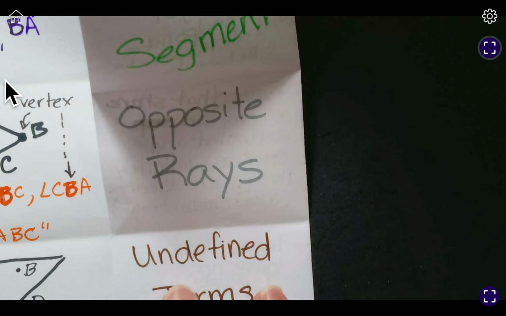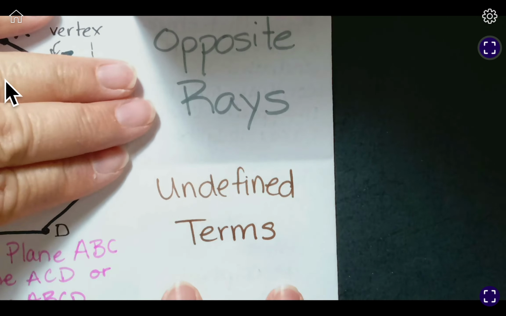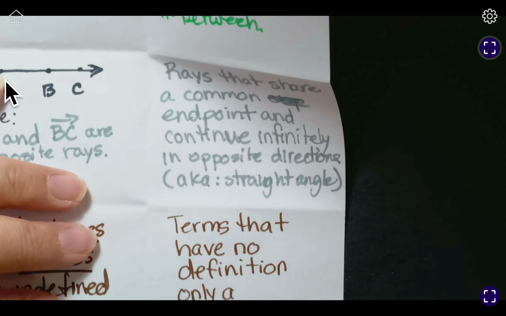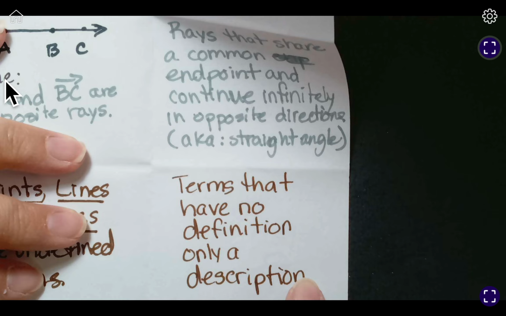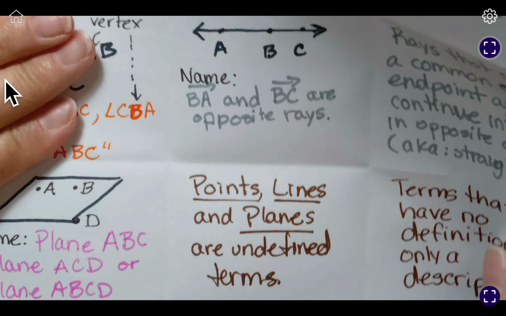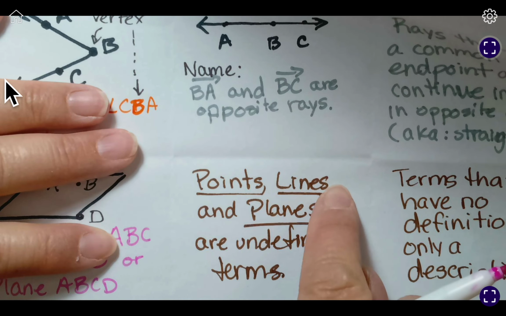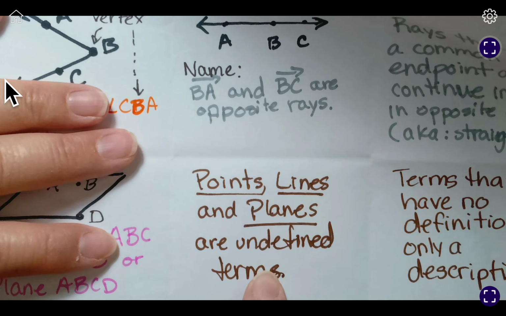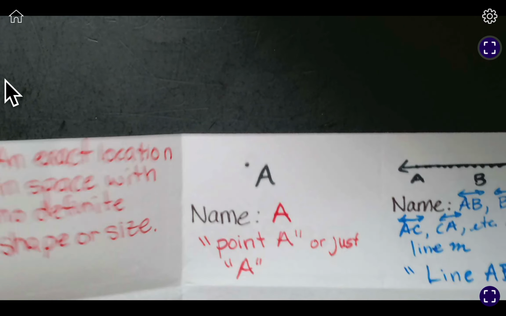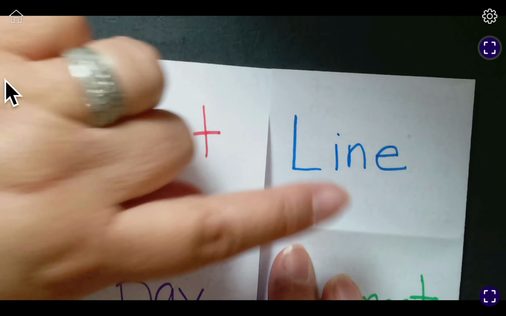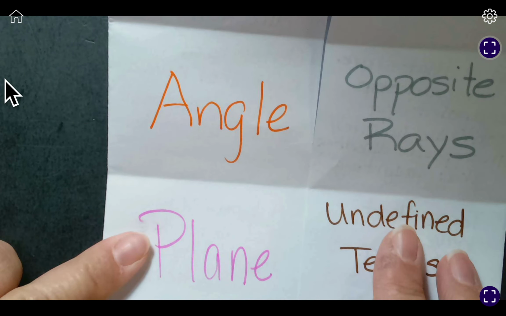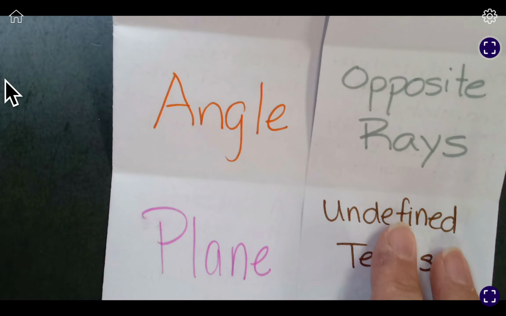Last part. Undefined terms. Terms that have no definition, only a description. Points, lines, and planes are undefined terms. So, points, lines, and planes down here are considered undefined.